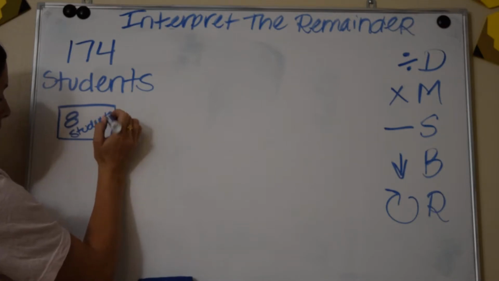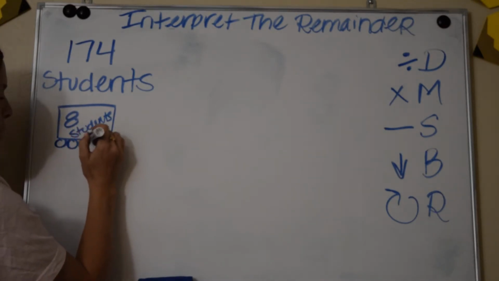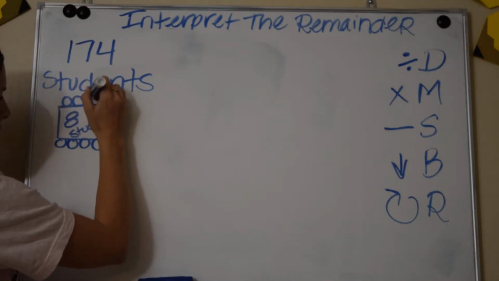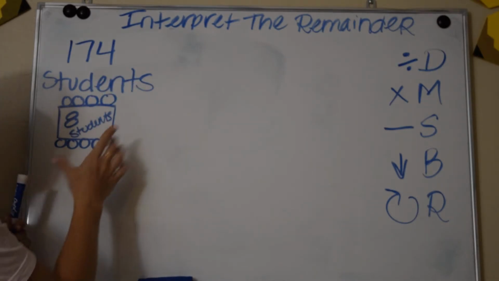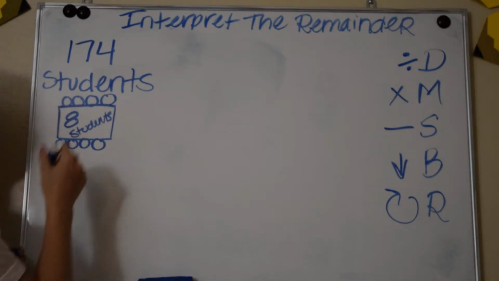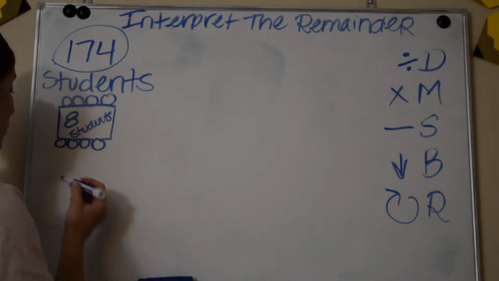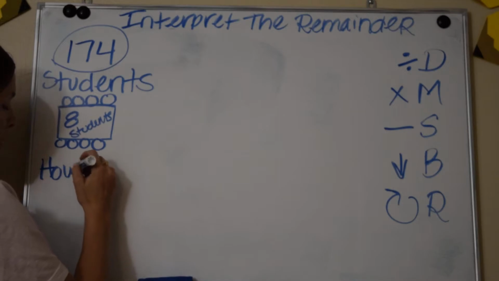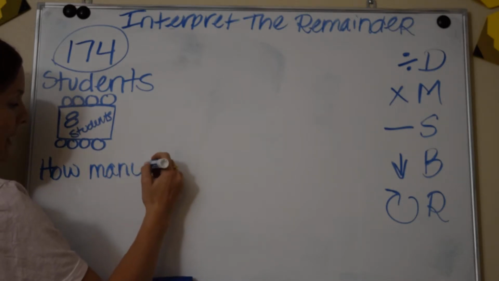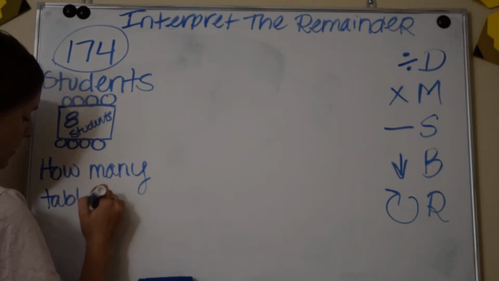So 1, 2, 3, 4, 5, 6, 7, 8. So one table can fit 8 students, and I have 174 students who need to sit at a table. So the question might be, how many tables are needed?